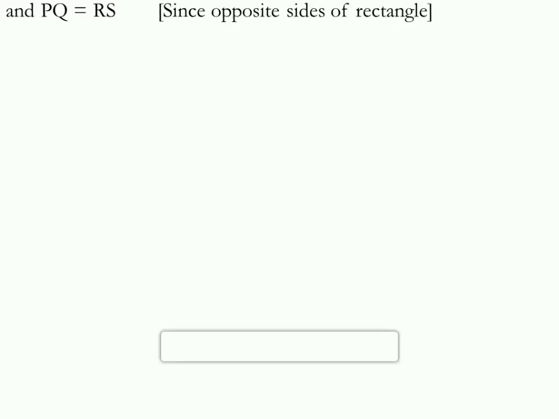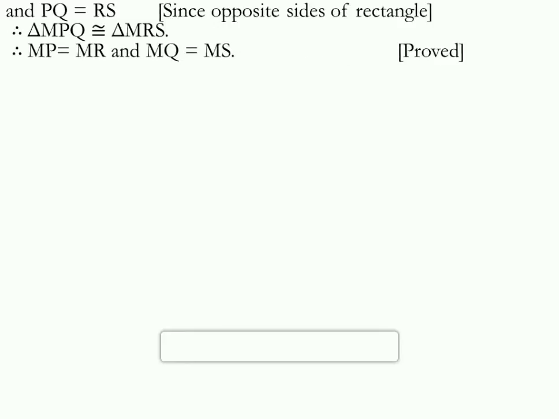So when two angles and a side are equal, they are congruent. If they are congruent, then their corresponding sides should be the same. So PM equals MR and MQ equals MS, which was required in the proof. So that's the complete proof of B.